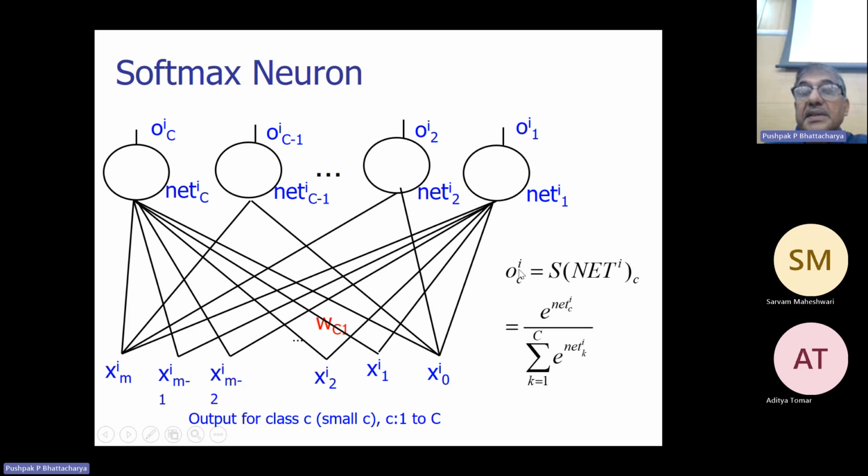So O_ic is softmax of net_ic, which is equal to e to the power net_ic divided by the summation over all the neurons, e to the power net_ik, k equal to 1 to capital C. So this is how the output is obtained given the input. The inputs give rise to net, nets give rise to output, through the softmax function.